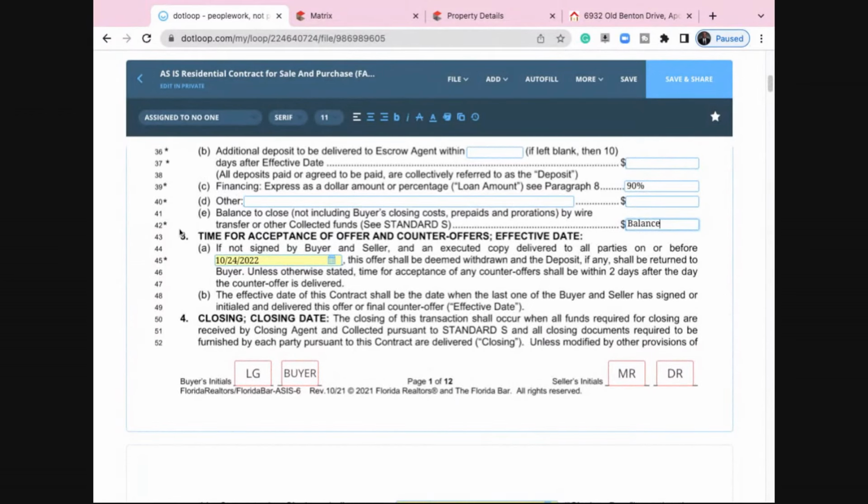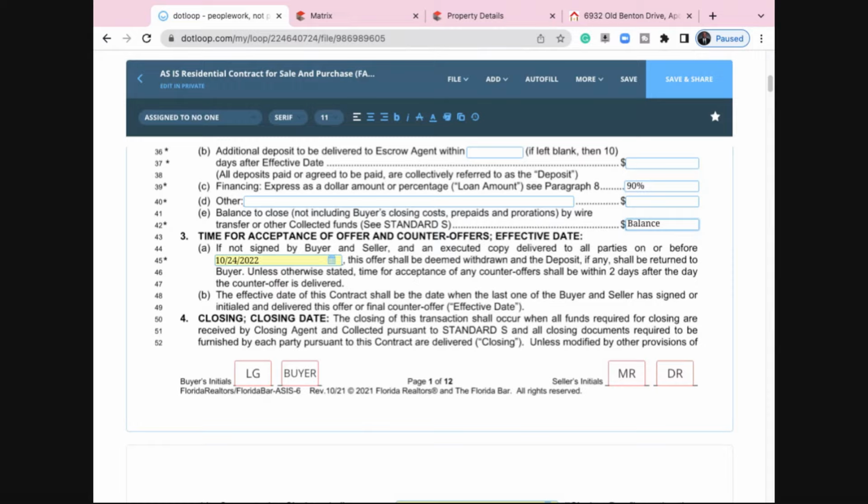All right, moving on, we have the time of acceptance. Now, this is what we talked about earlier. First, you want to look in the MLS or talk to the seller or the listing agent to find out if they have any problems with accepting the offer within, in this particular case, two business days.